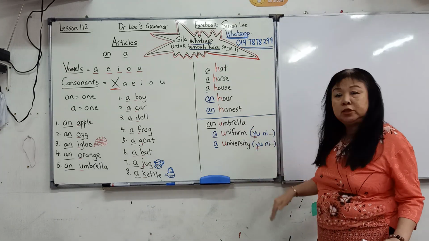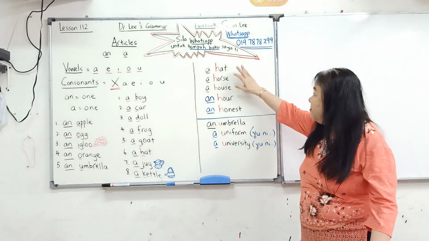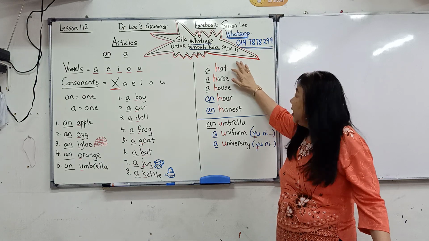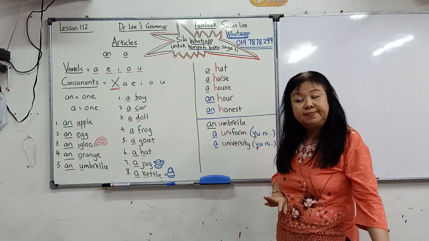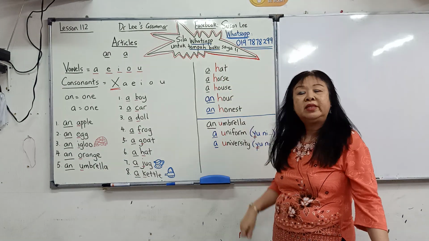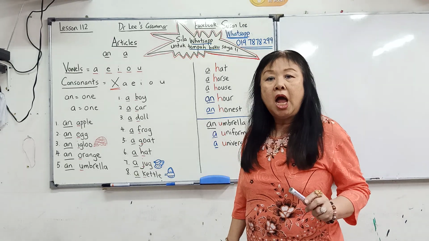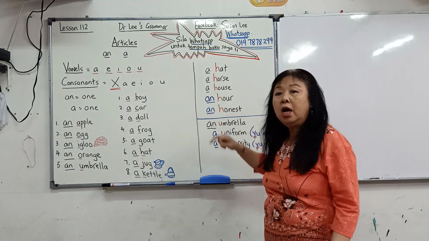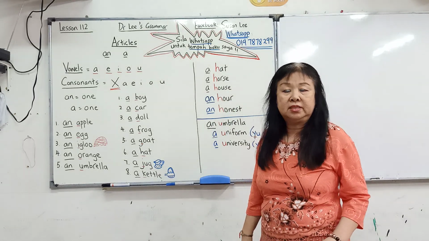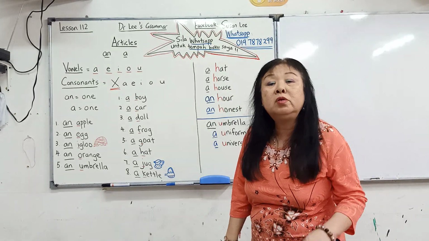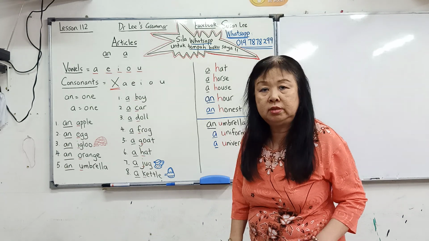This is the special situation. Can you see I write H here? Now this word, the pronunciation is a hat sound. A horse, sound, horse. You do not say 'orse', that is wrong.